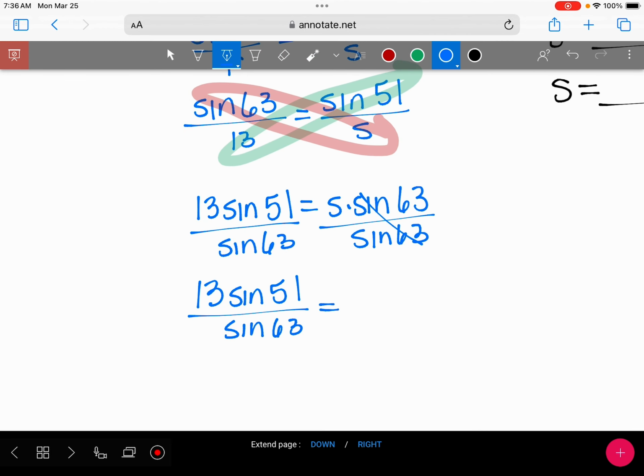All right, so take a minute, hit your fraction bar, and just type it in. And I got 11.339.